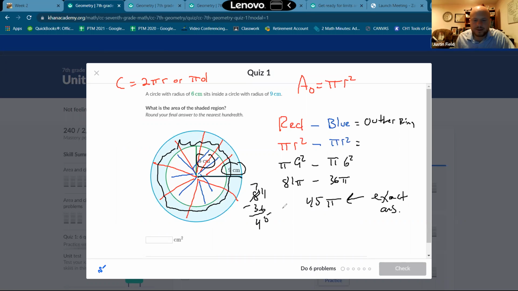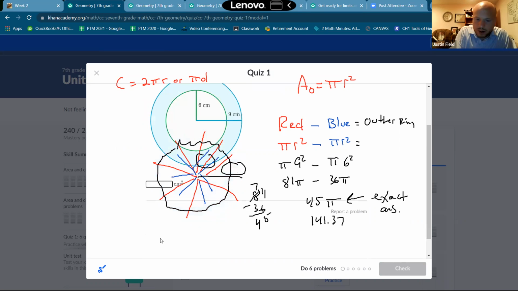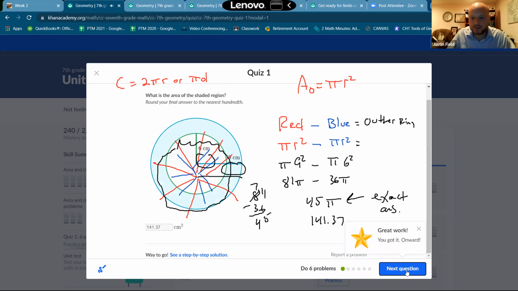Now I'm going to use my pi button on the calculator. I get 141.37. If you use 3.14, you get 141.3. So we get 141.37. And there we go.